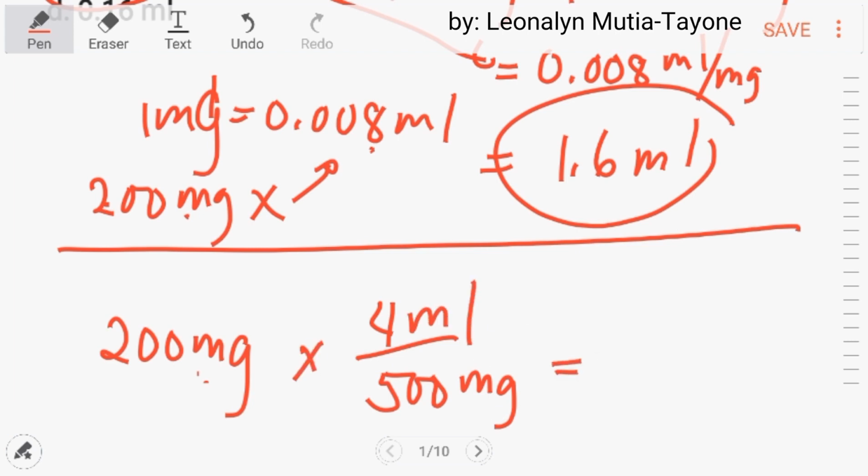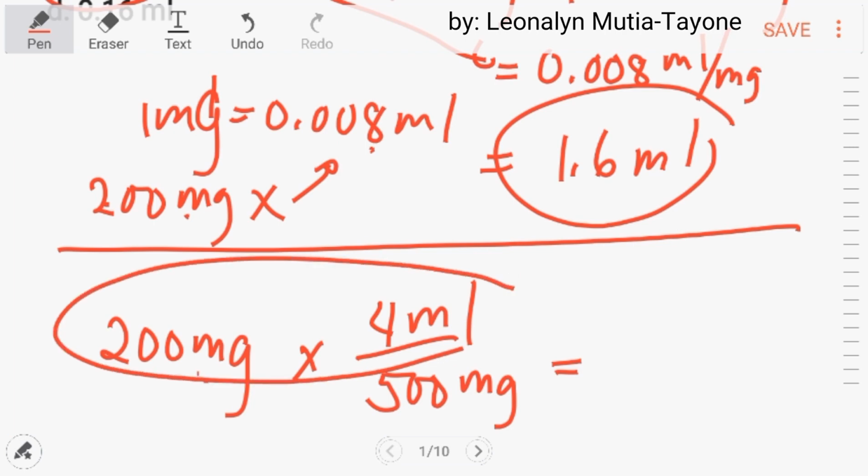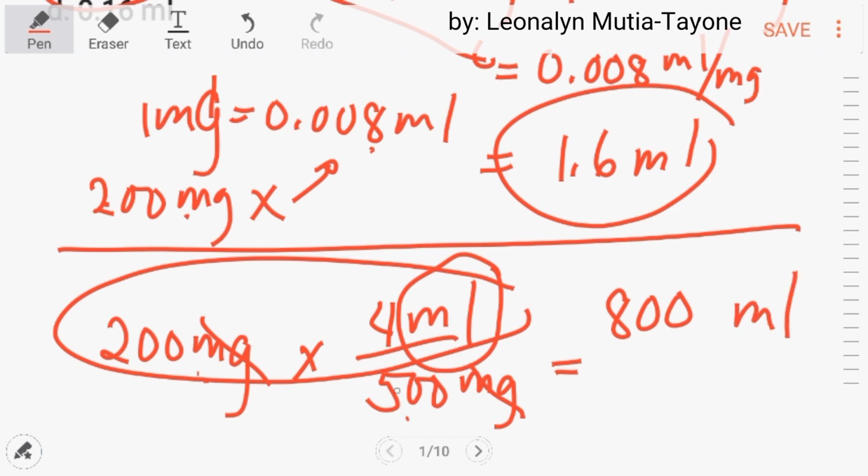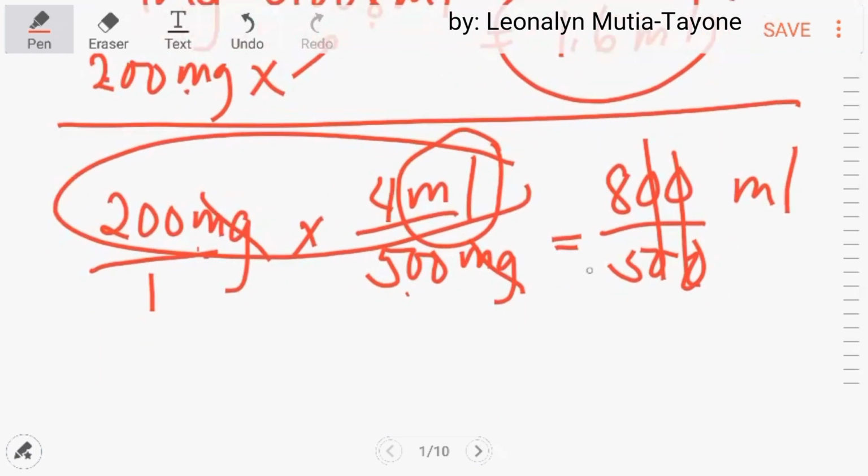So you multiply this 200 times 4, and that is 800. Then this one will be cancelled. You will be left with ml only. And this one, the denominator, 200 has an imaginary denominator of 1. So this is 500. So these 2 zeros, just cancel it out for us to easily calculate this. 8 divided by 5, and the answer is 1.6 ml.